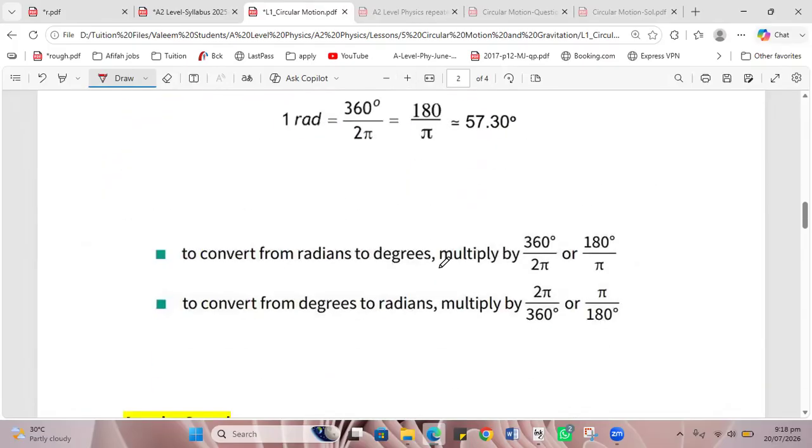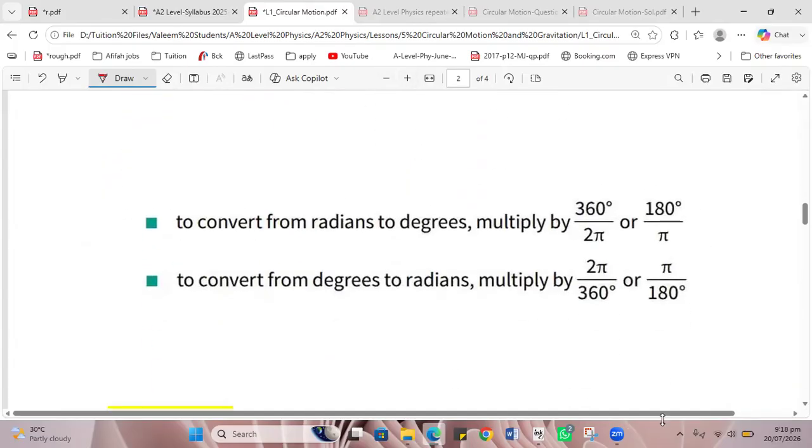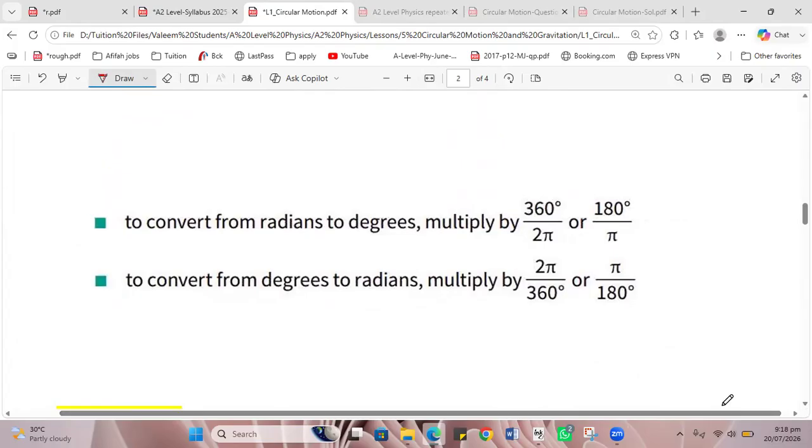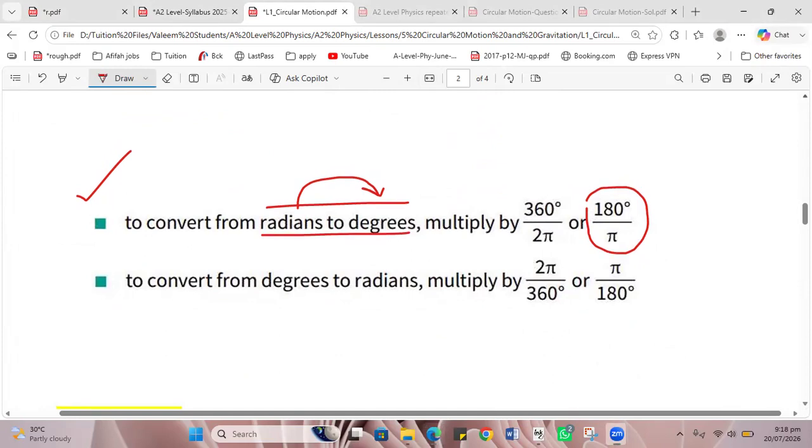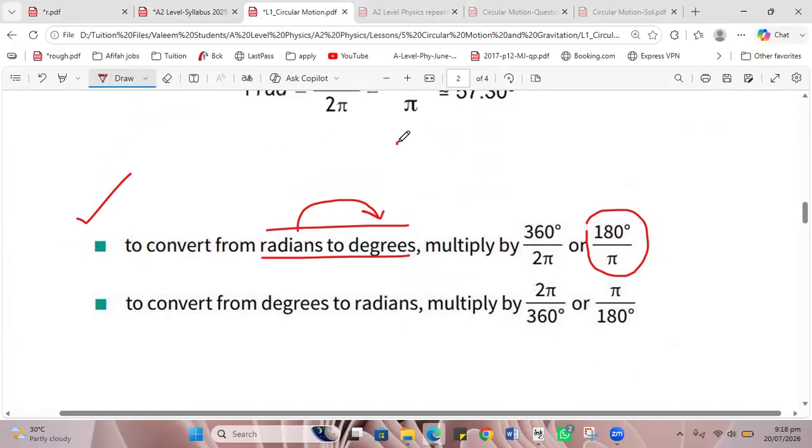Okay, now conversion. Yes, you must know how to convert between radians and degrees. If you're already a math student, you might know this, but in case you don't, here it is. If you want to convert from radians to degrees, we multiply by 180 upon pi. For example, let's say I have 2 pi radians. I want to convert it to degrees.